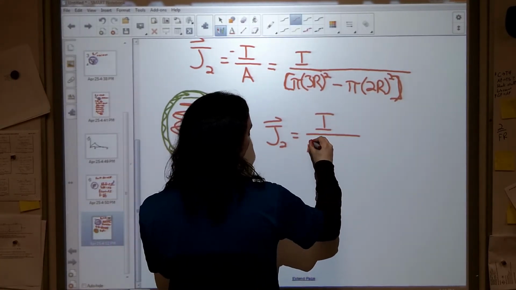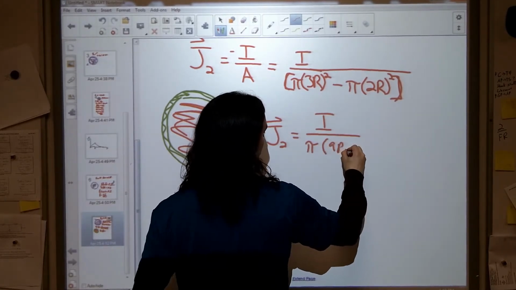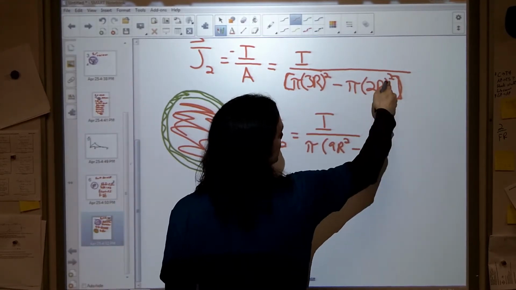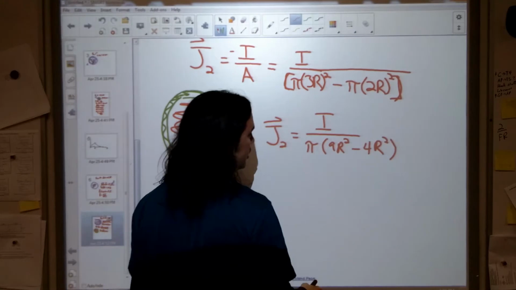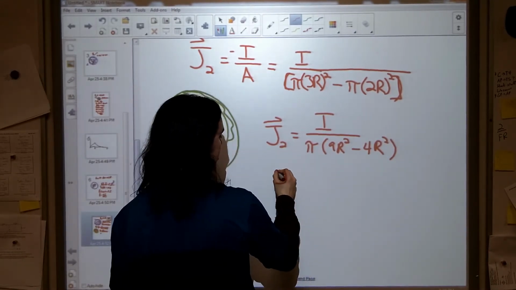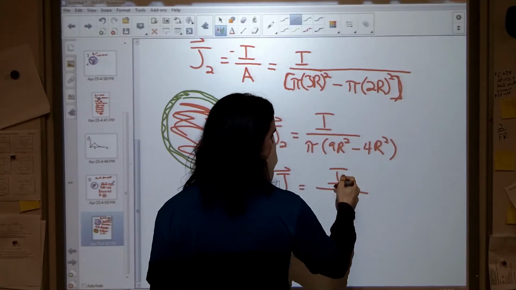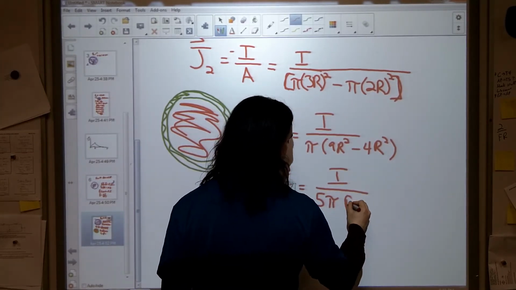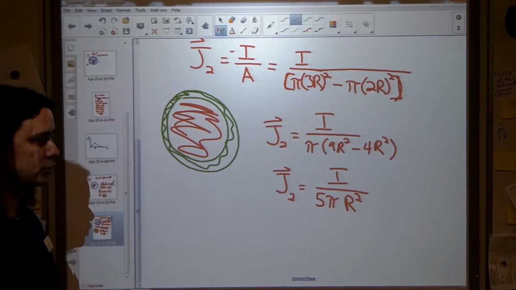We're going to have pi times, this is going to be 9r squared, for 3r quantity squared, minus 2r squared, which would be 4r squared. I can clean this up a little bit more, and we find that the current density is going to be equal to I divided by 9 minus 4. That's 5 pi big R squared. Looks a lot nicer when we actually put that in.